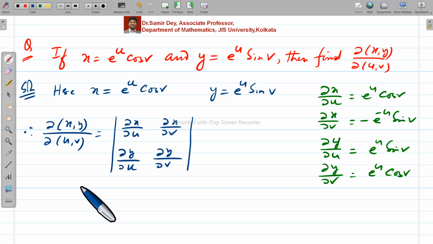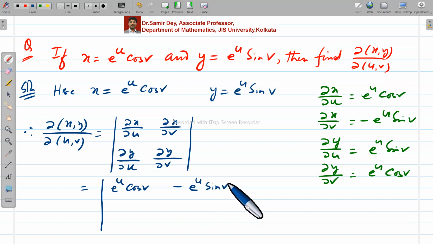Just substituting in the determinant: ∂x/∂u is e^u cos v, ∂x/∂v is minus e^u sin v, oh, something is wrong here, it should be like this, ∂y/∂u is e^u sin v, and ∂y/∂v is e^u cos v.